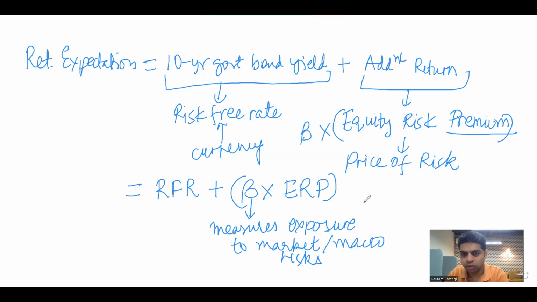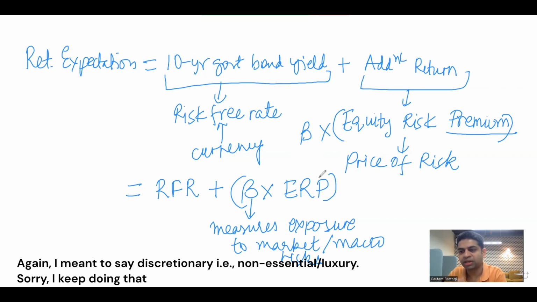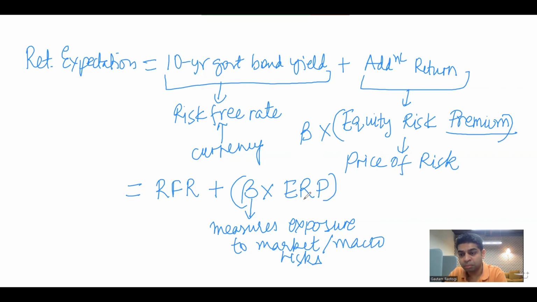If you are investing in that risky company, when the times are bad, there will be more risk in that company. So an investor would expect a higher return because that company has a lot of risk vis-a-vis the market.